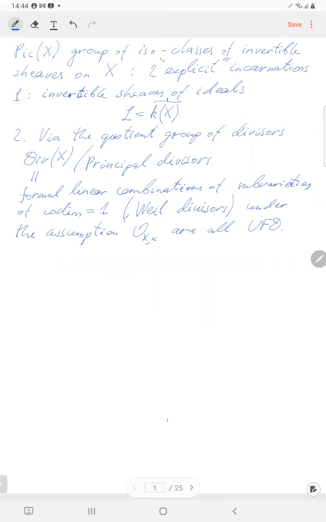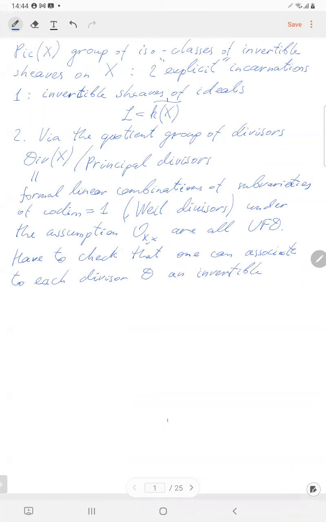So namely, we are proving that one can associate to each divisor D an invertible sheaf of ideals.